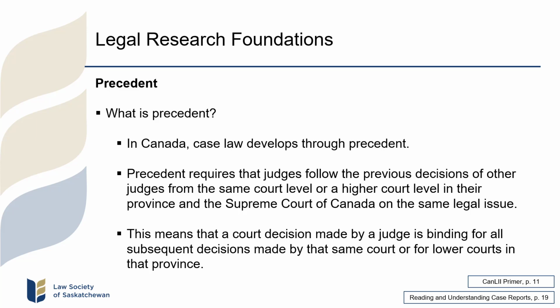Case law develops through something called precedent. This requires that judges follow the previous decisions of other judges from that same court level or a higher court level in their province and the Supreme Court of Canada on the same legal issue. This means that a court decision is binding for all subsequent decisions by that court or for courts at a lower level in that province.